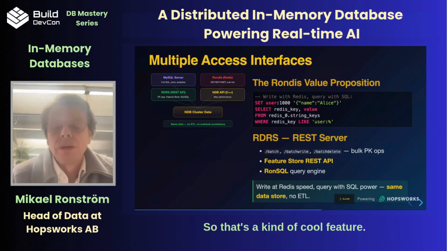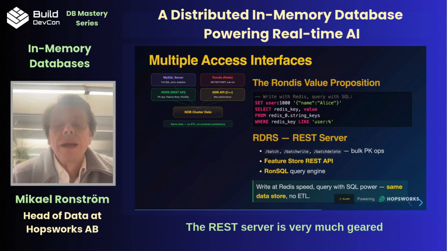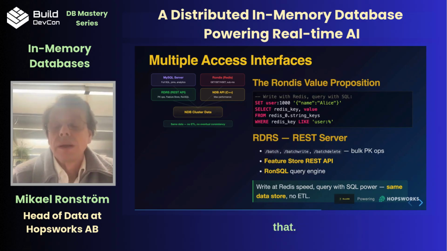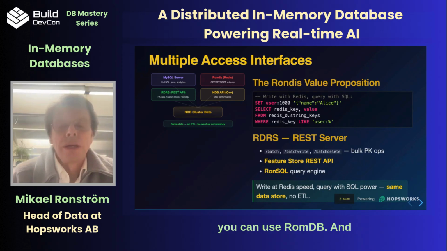So that's a kind of cool feature. The REST server is very much geared towards our feature store, so we have a feature store REST API. We have a RonSQL query engine used for push-down aggregations and things like that. So there are lots of ways you can use RonDB.